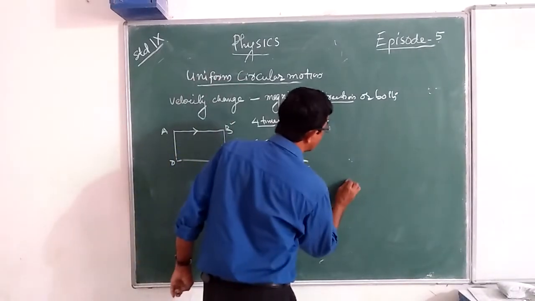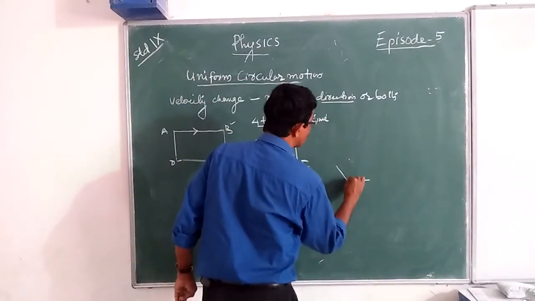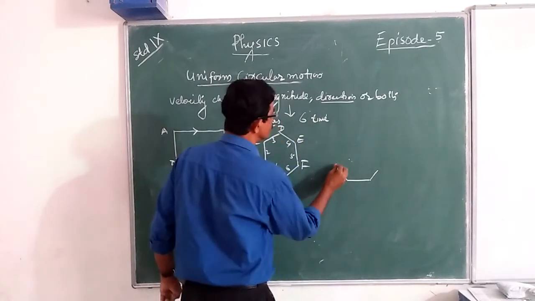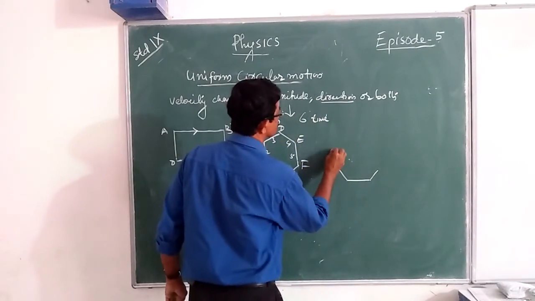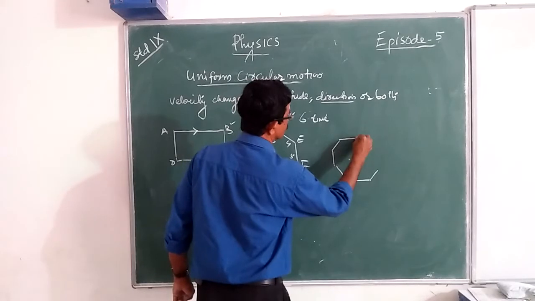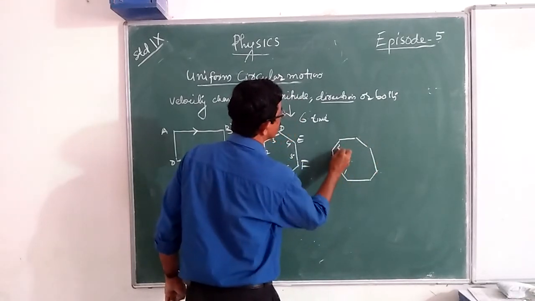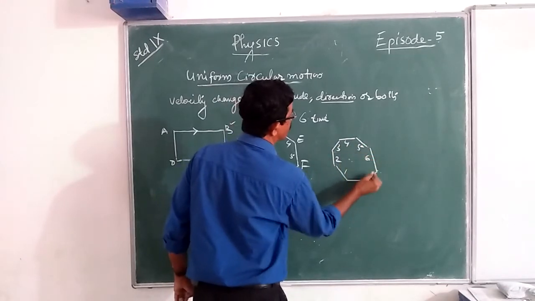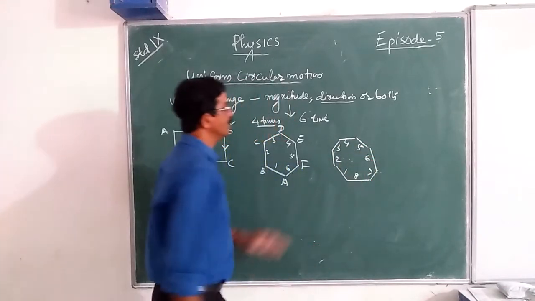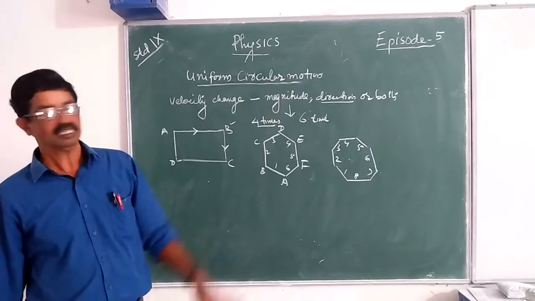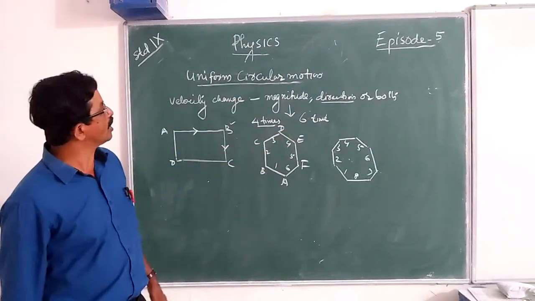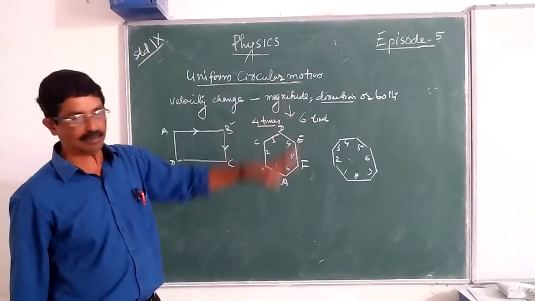Now consider another one. Here 1, 2, 3, 4, 5, 6, 7, 8. Here is also a closed path, an octagonal path.